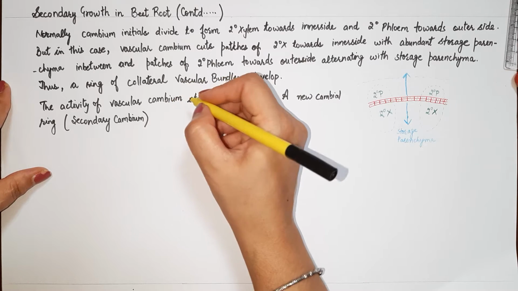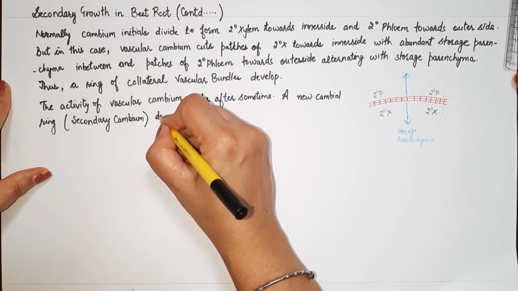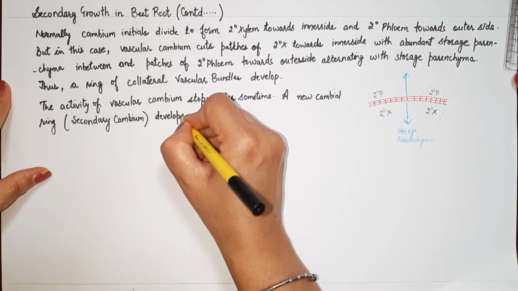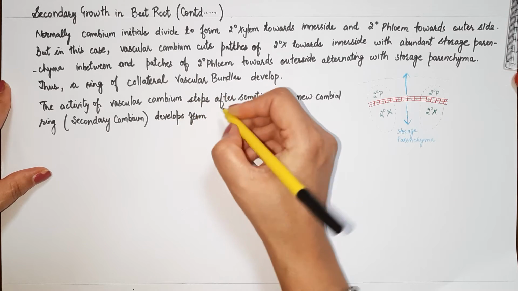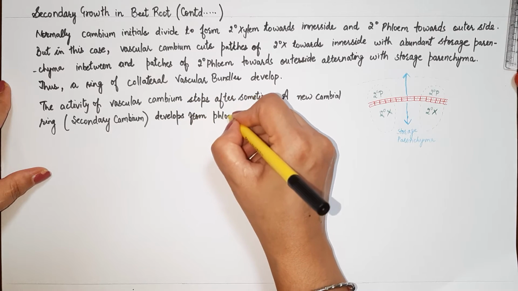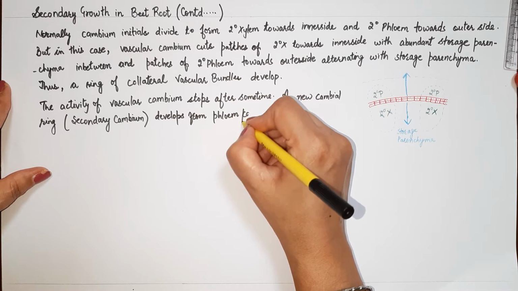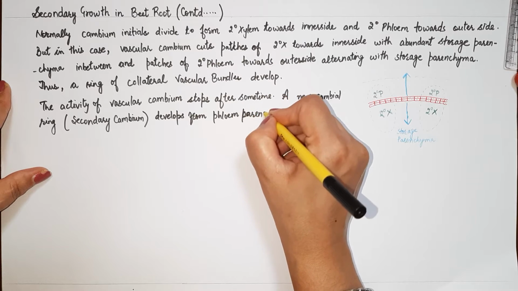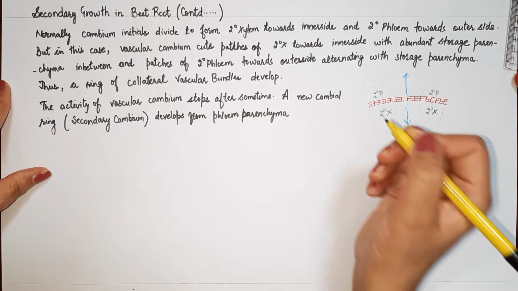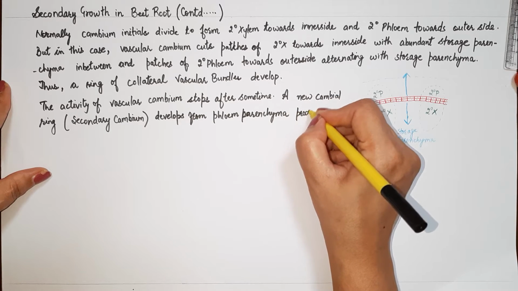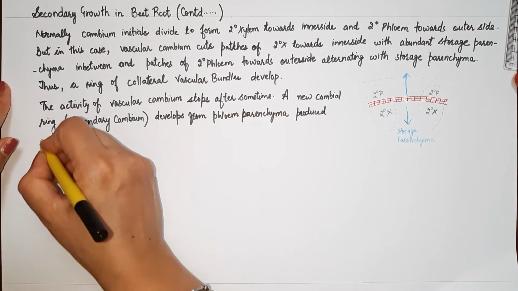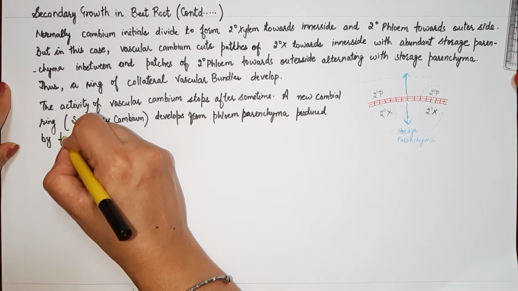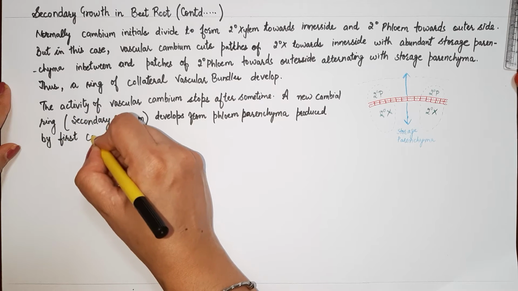So, a new cambial ring develops from phloem parenchyma produced by the first cambial ring.